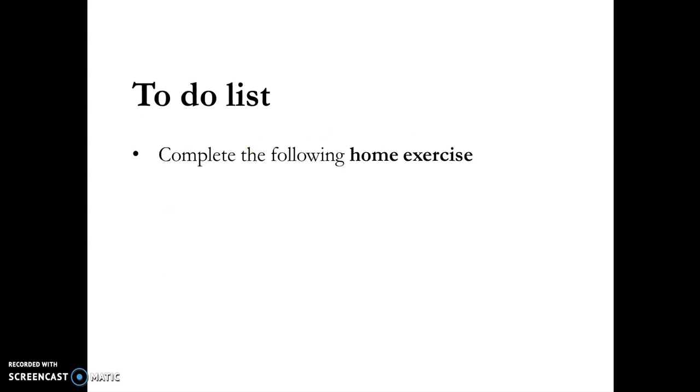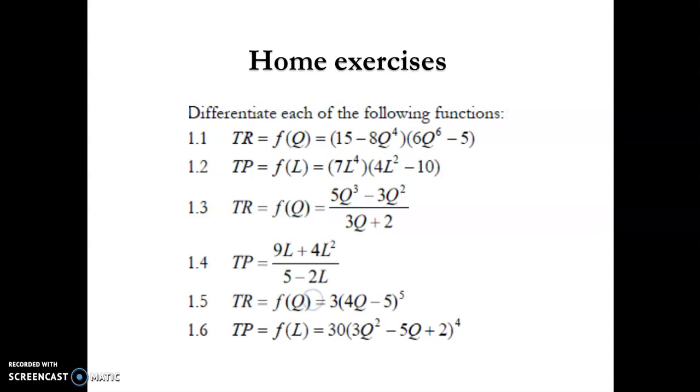So to-do list, you had a number of examples that dealt with the various rules of differentiation that you need to attempt on your own. And then lastly, there are further homework exercises.